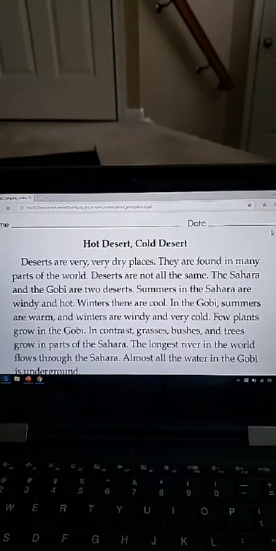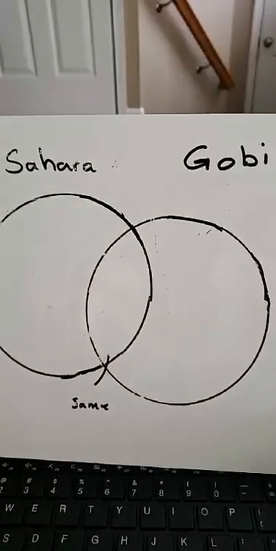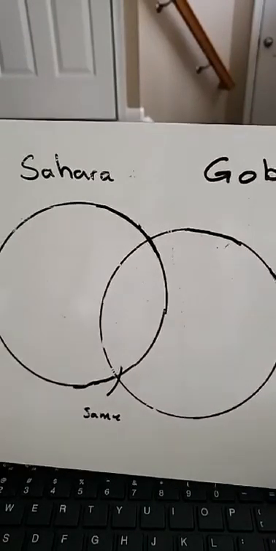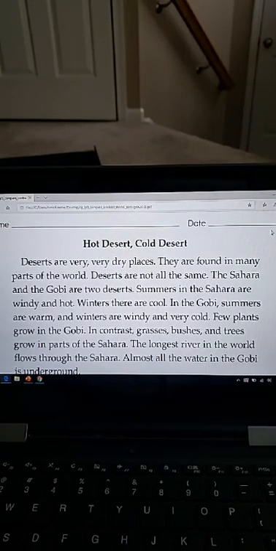So students, this is a text. We're going to compare and contrast this text using the Venn diagram. So we're going to read to find out what we actually are comparing and contrasting. The title says hot deserts and cold deserts.